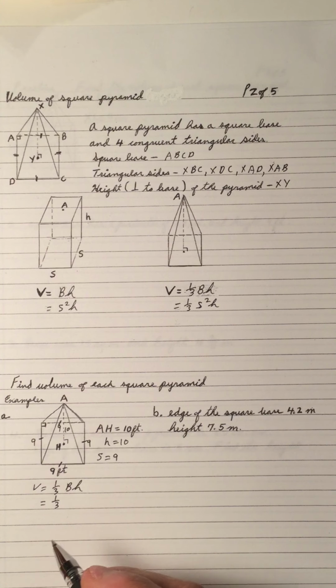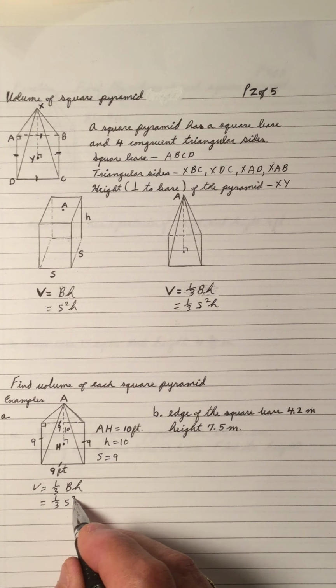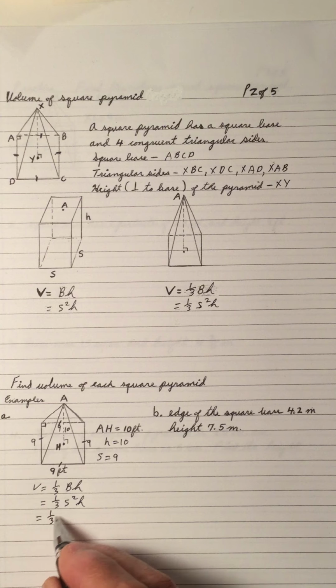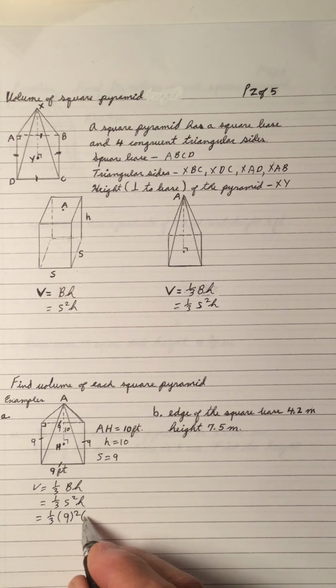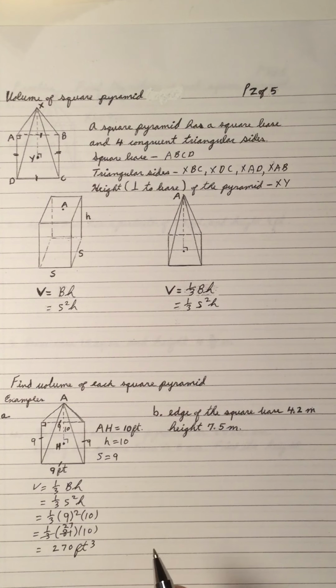Volume is the base area moving through a distance. So the base is a square, the bottom, times the height, and it's 1/3. The base side is 9, so it's 9 squared times the height of 10. So that's 1/3. 9 squared is 81 times 10, and 3 into 81 goes 27. So 27 times 10 is 270. And the units are feet, so volume is cubic feet, 270.